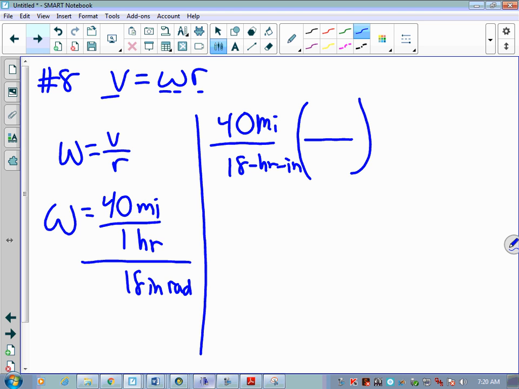First things first, we're going to convert our inches into feet. So we've got 12 inches to 1 foot. Next, we're going to convert our feet to miles. Feet to miles, 5,280 feet to 1 mile.